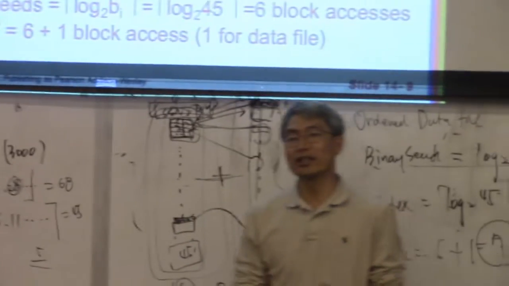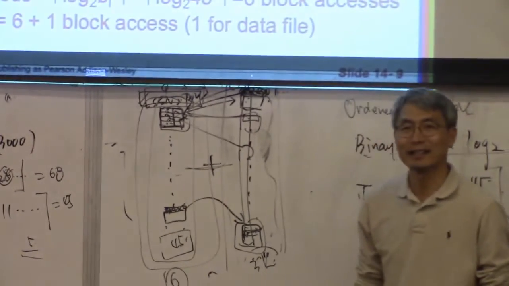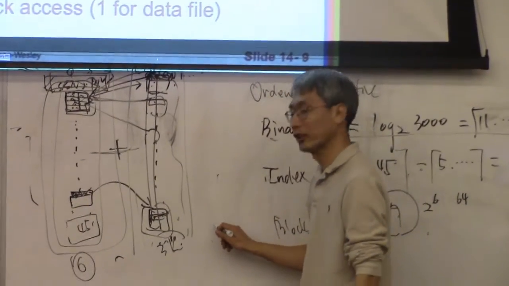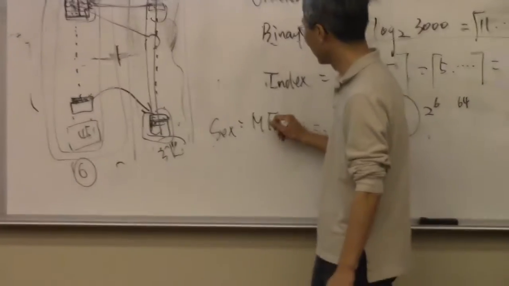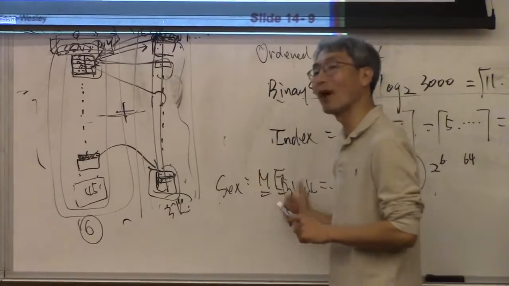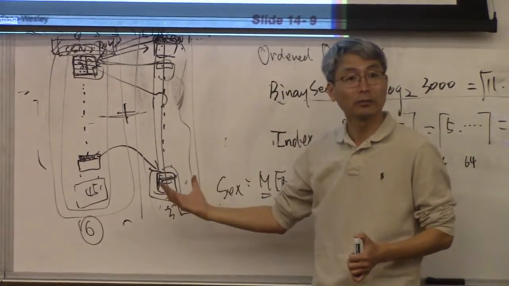Another issue is the extreme case, for example gender, male or female. Can we create an index for male or female? It's a binary value. Yes, we can do that.